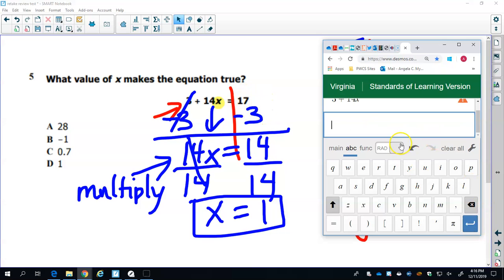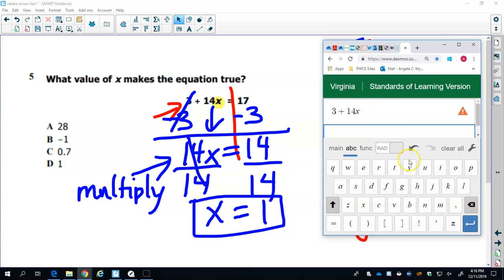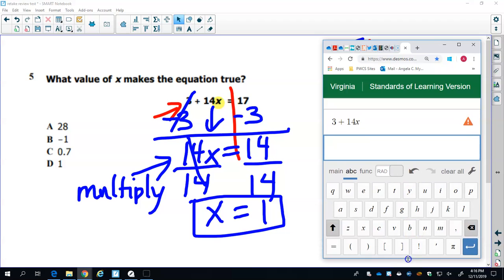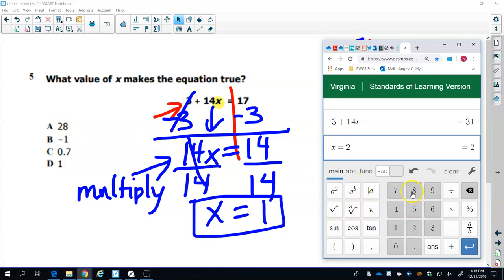So if I go to the next line, and I tell Desmos that what if x was equal to 28? X is equal to 28. Do I get 17? No, I get 395. I'm trying to get 17. So that doesn't work. So I'm going to get rid of my 28.